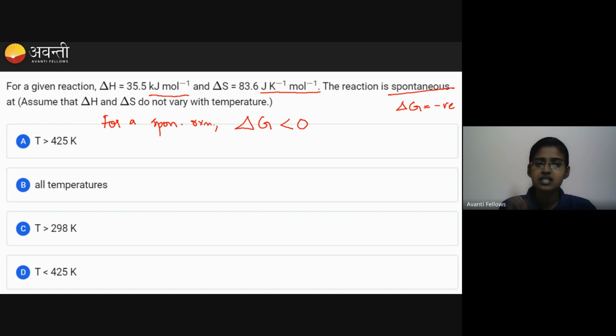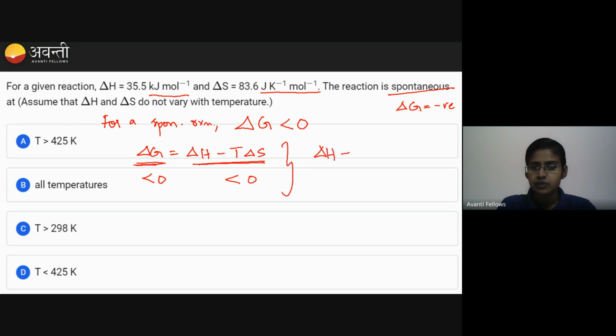We know that delta G is equal to delta H minus T delta S. If delta G has to be less than 0, then delta H minus T delta S should also be less than 0.